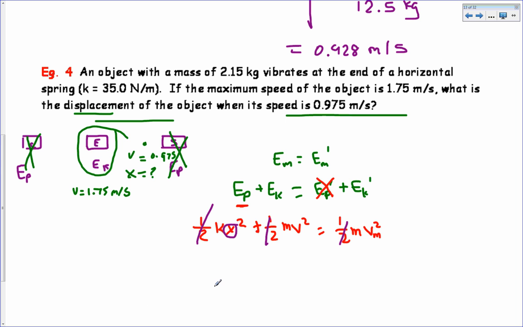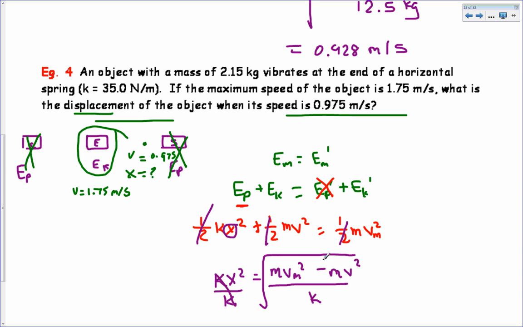And we have kx squared is equal to m v max squared minus mv squared. Okay, and then we're going to divide both sides by k. So that cancels that k, and then square root both sides. So that cancels the square.